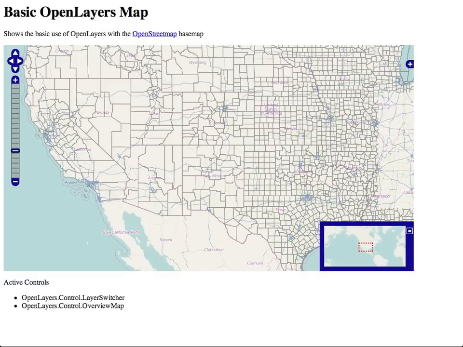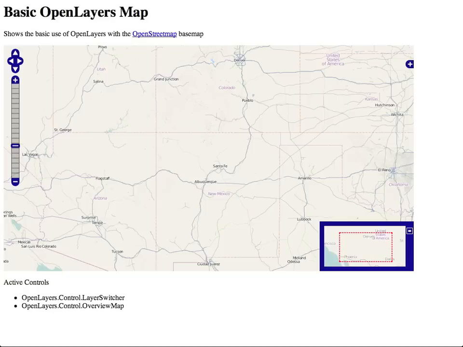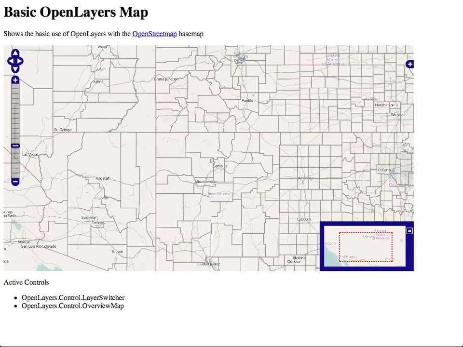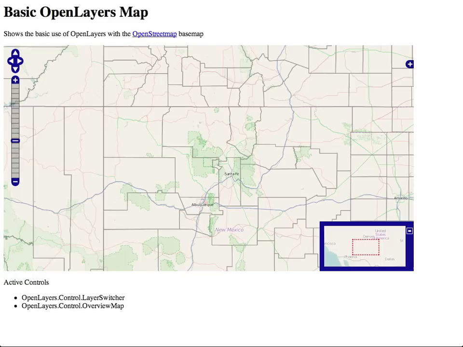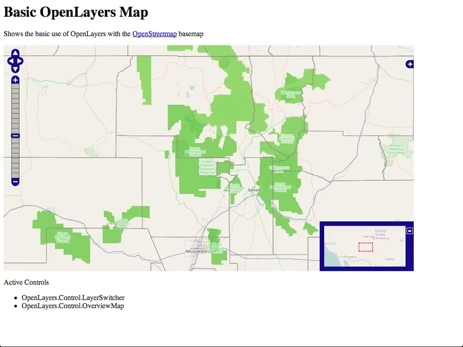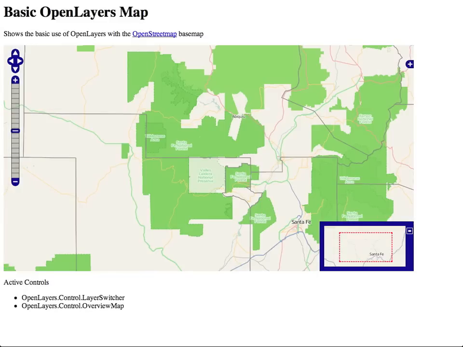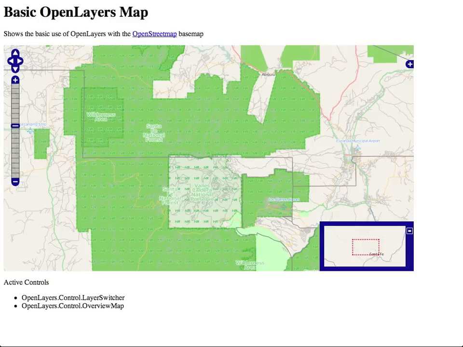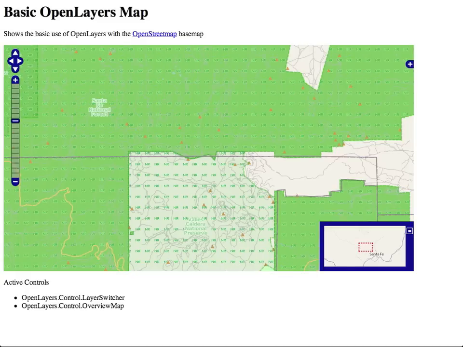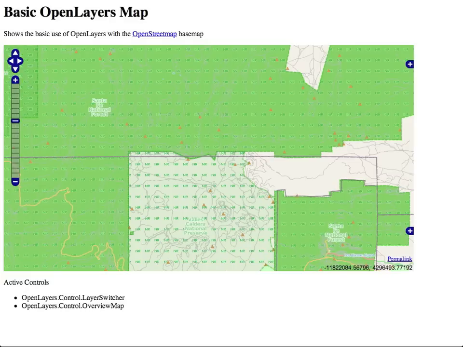And as I zoom in, that context changes a little bit. So we're still looking at a global or near global view of the overlay map. But if I zoom in, now we're looking at the southwestern United States, and the red box is showing the context within the southwestern US. As we zoom in further, you can see that red box is getting smaller. Then as we continue to zoom in, it changes the context within the overlay. So that's the overlay control.